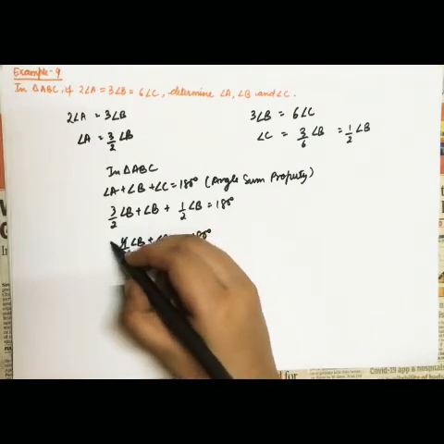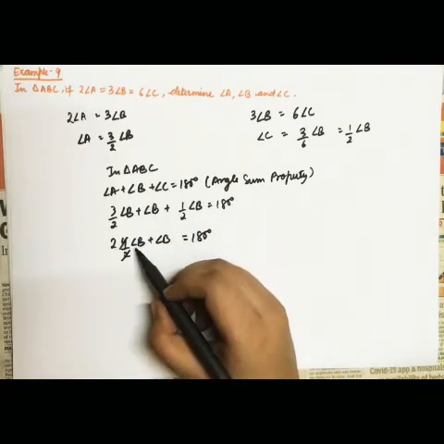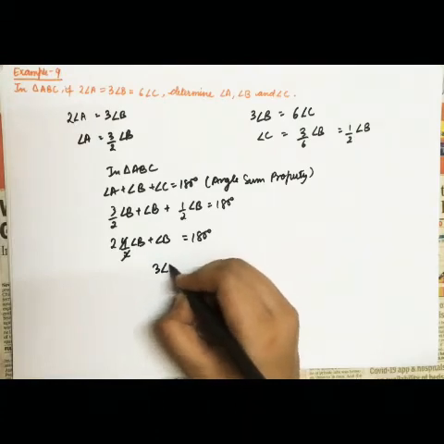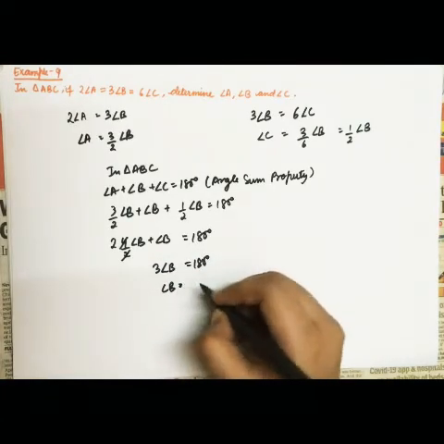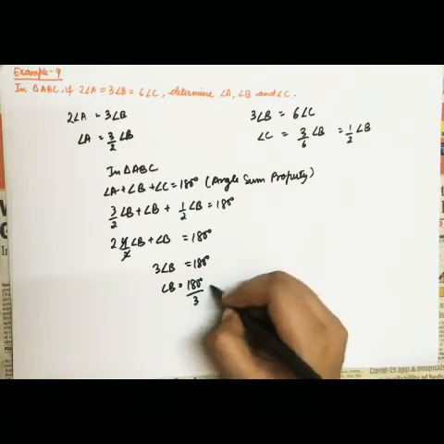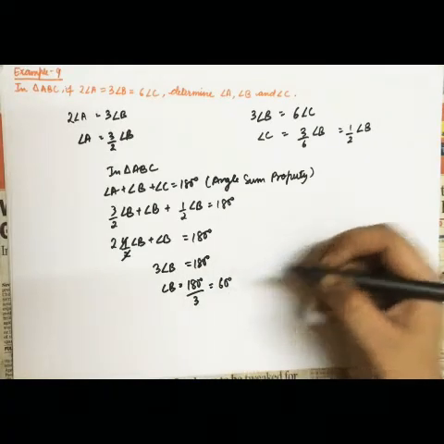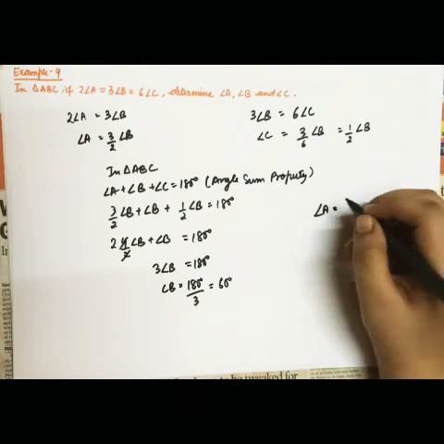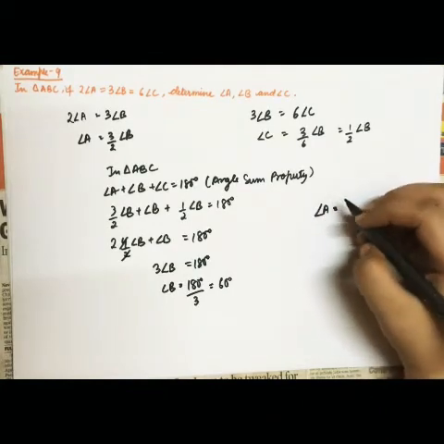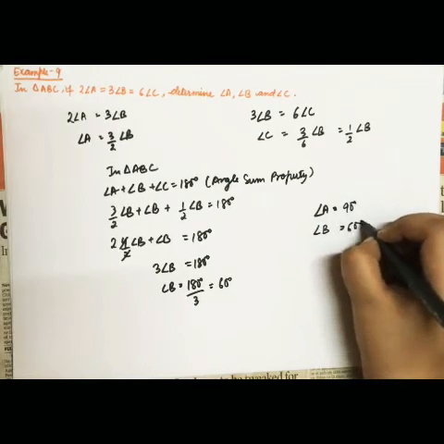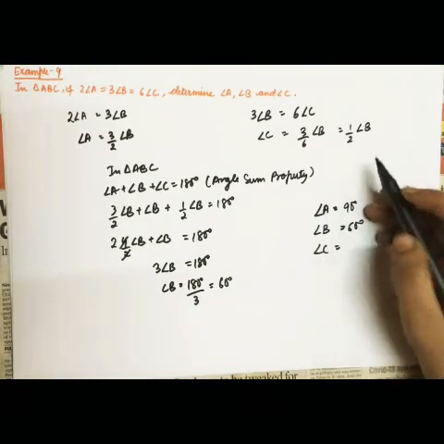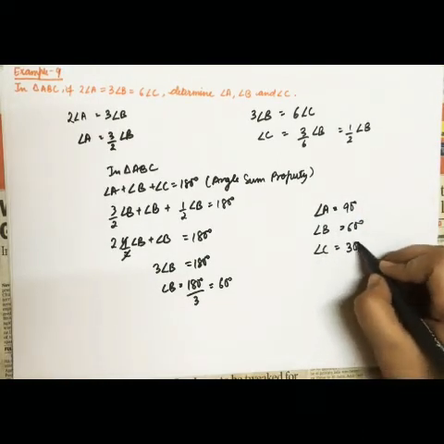Now 4 by 2 is nothing but 2. So 2 times angle B plus 1 times angle B is 3 times angle B, equal to 180 degrees. Angle B is equal to 180 degrees divided by 3, which is equal to 60 degrees. Now angle A is 3 by 2 of angle B, which means angle A is 90 degrees, angle B is 60 degrees, and angle C, which is half of angle B, is 30 degrees.